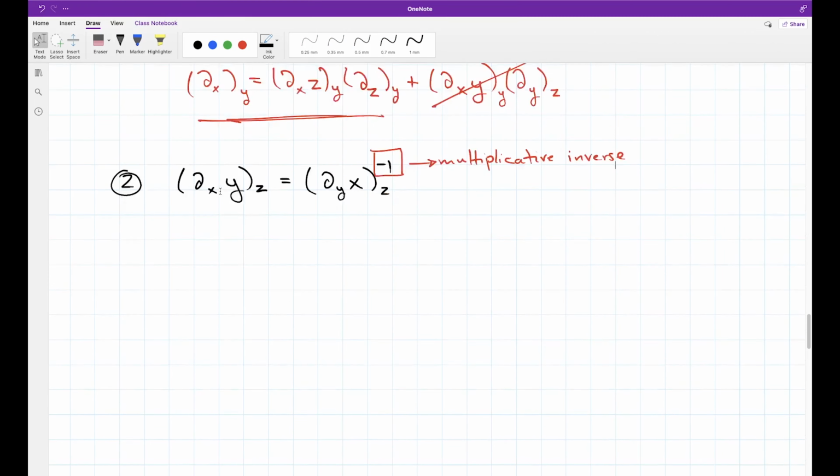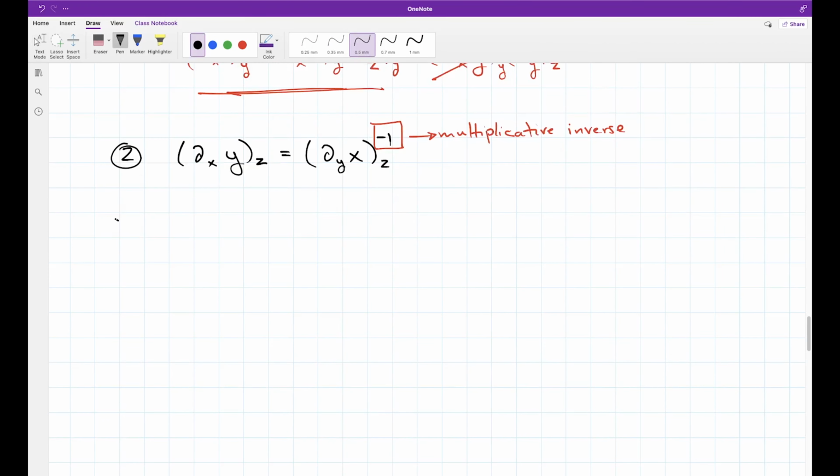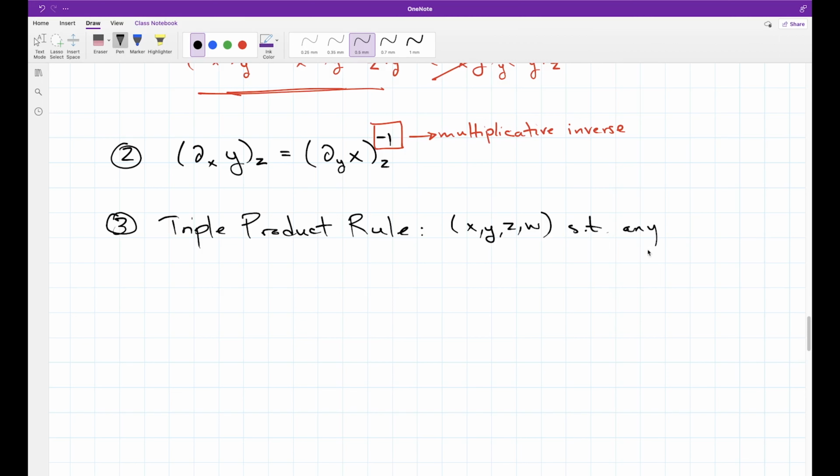Okay, one last identity that we're going to need is the so-called triple product rule. And this is one that you probably haven't seen before, but is very useful in a number of situations in thermal physics. And it goes like this. Suppose that we have X, Y, Z, W such that any three are a good coordinate system.